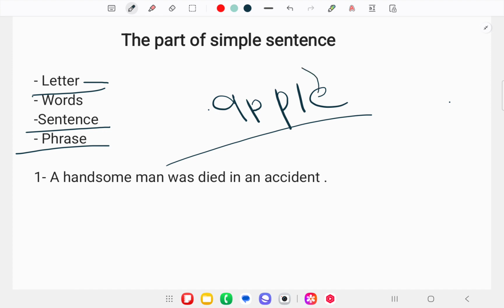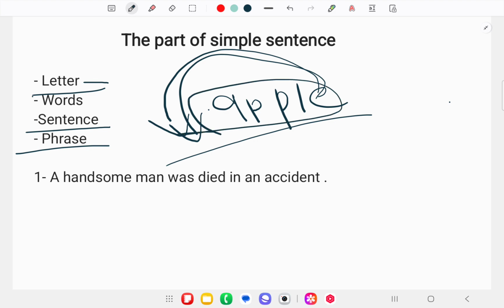If I move this e from here to here, then this doesn't give any meaning. So we can say that you have to combine the letters in such a way that it gives some kind of meaning.